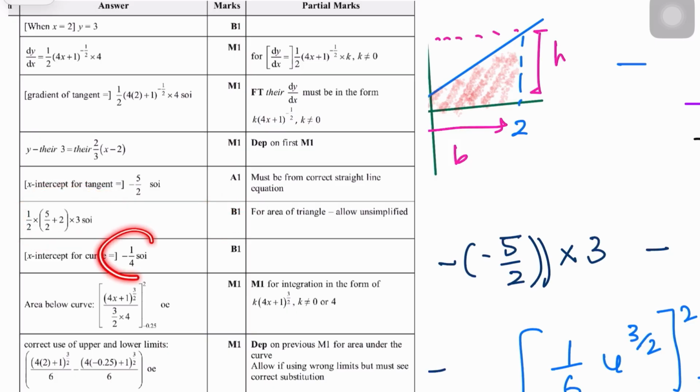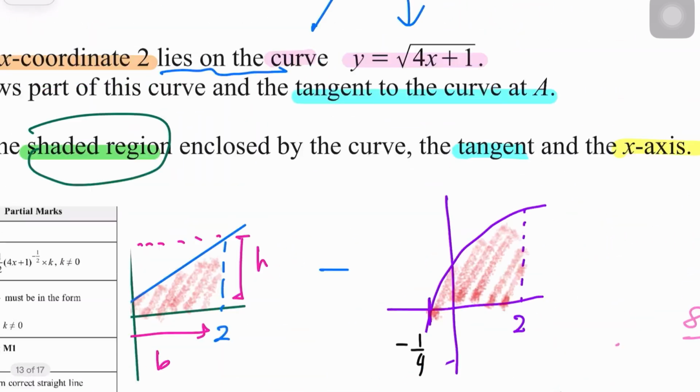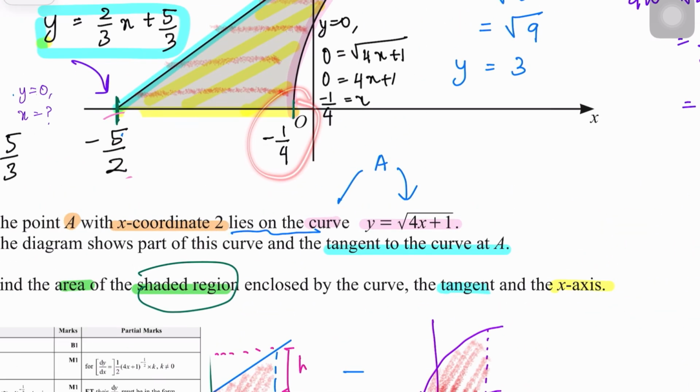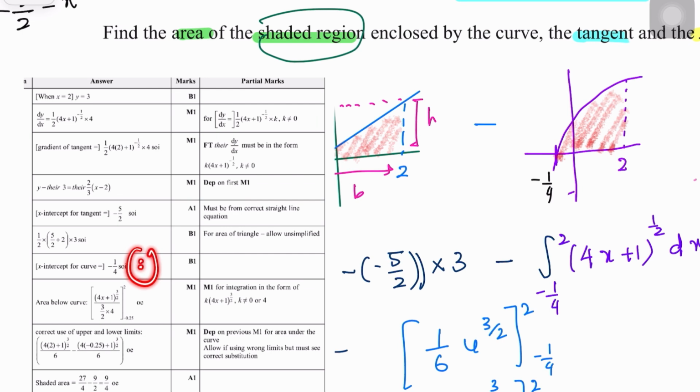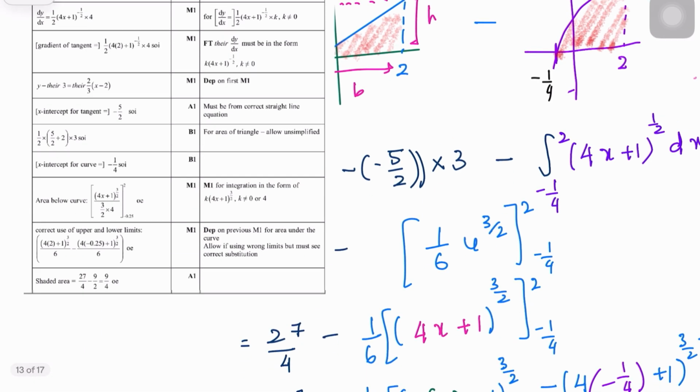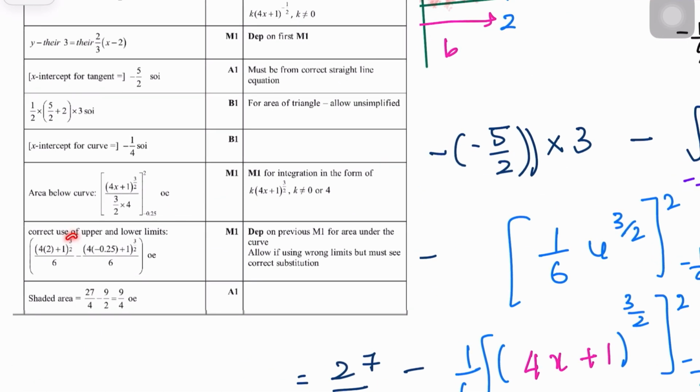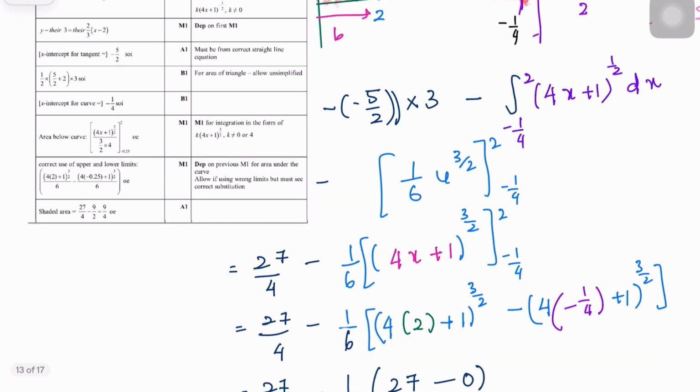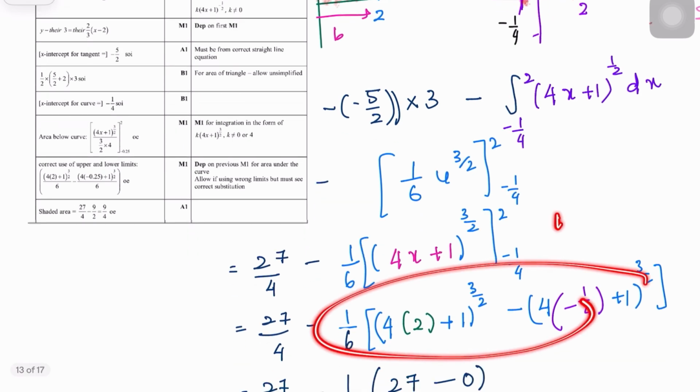And then when we find our intercept of this curve, which is 1 over 4, 1 mark. And when we find the area under this curve, 1 mark. And when we know to apply the lower limit correctly, which is this part right here, this is 1 mark.